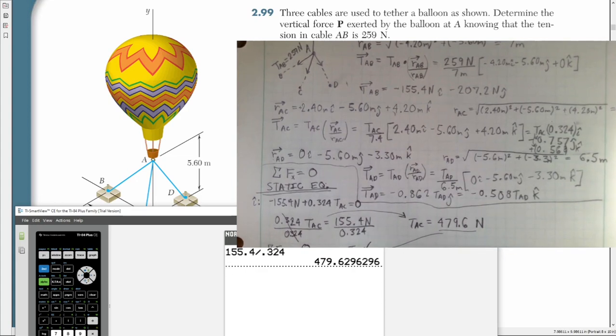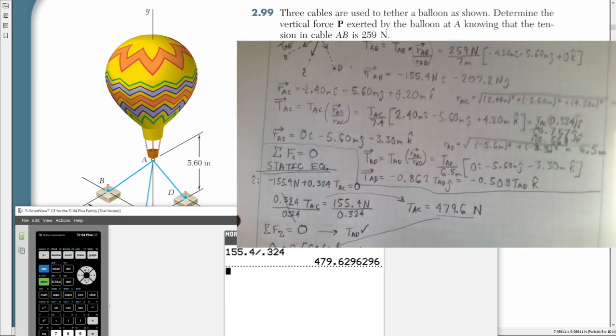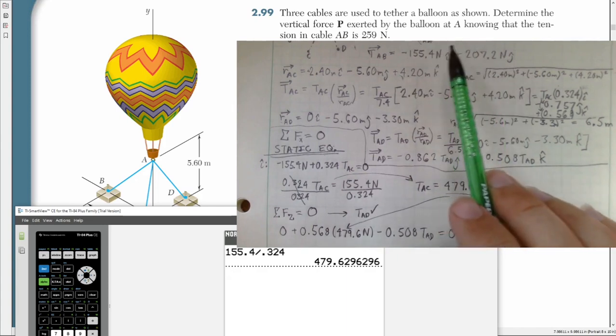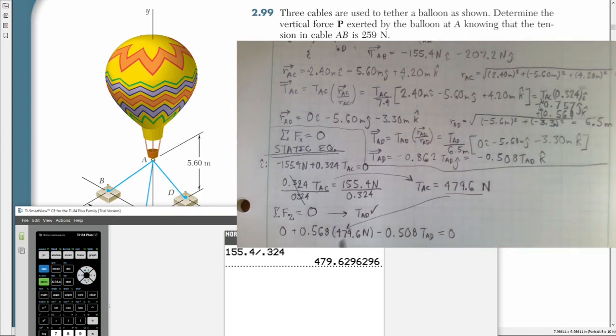And that is equal to 0, since our sum of forces is equal to 0 in our k direction. So going over this again, we have 0 in the k hat direction for tension AB. We know our value for tension AC comes from this component here. And then finally, tension AD comes from our k hat component here. We're summing force in the z direction.